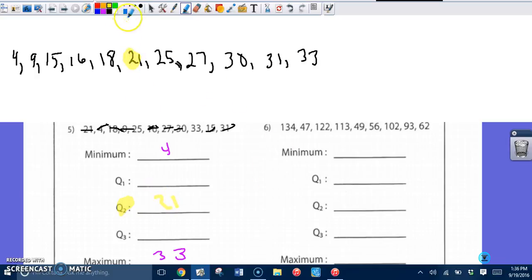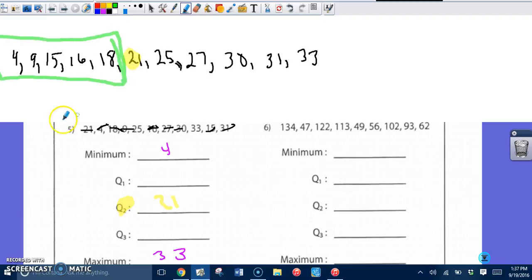21. Okay. So now I'm going to figure out quartile 1. And remember, for quartile 1, you first have to take a look at the numbers that are before your median. If you know your median is 21, all the numbers before your median are right here.